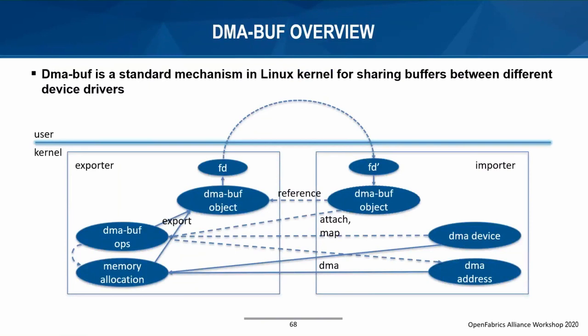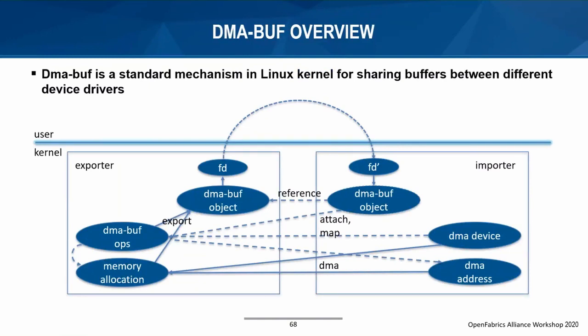DMA-BUF is a standard mechanism in the Linux kernel. The purpose is for sharing buffers between different device drivers. In the concept of a DMA-BUF, the buffer is allocated by one driver, and that one is called the exporter.